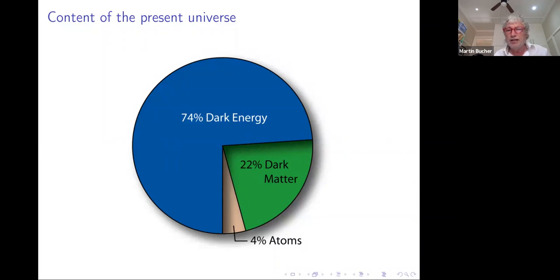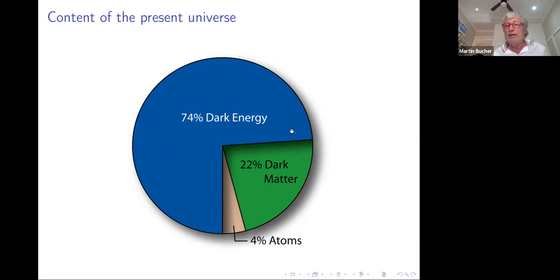Okay, let's talk a little more about making predictions. So I think this slide is the pie chart, where is the mass density or energy density in the stress energy tensor, how does it break down?